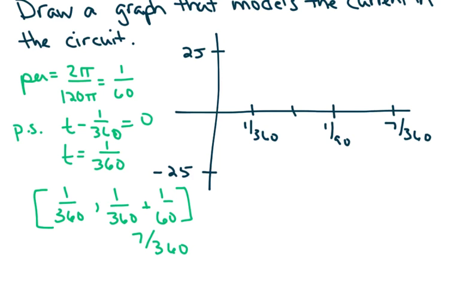The tick mark between 1 over 360 and 1 over 90 is the average of those two. So you can add those two fractions and then divide by 2. Don't forget to hit math enter, enter. And you're going to find out it's at 1 over 144. And then this last tick mark is the average of 1 over 90 and 7 over 360.